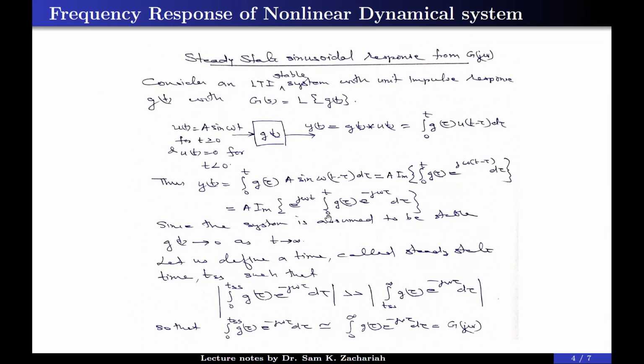And the integral from 0 to infinity, I am splitting into two parts. One is 0 to T_SS, another part is T_SS to infinity.